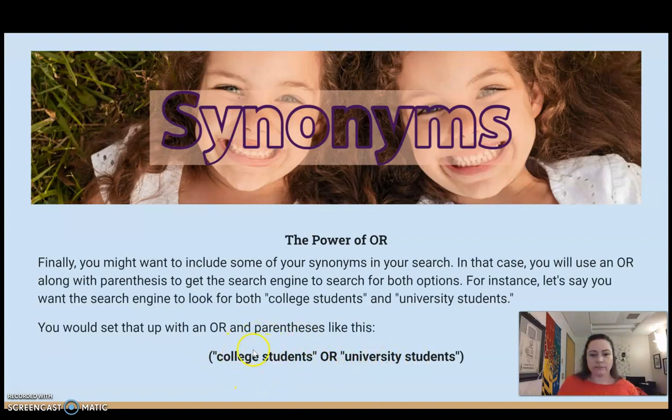Because these are forced together phrases, I have them in quotation marks, but you could just do students or learners, something like that. In either case, you still need to put parentheses around. So it'd be parentheses, students or learners, parentheses.